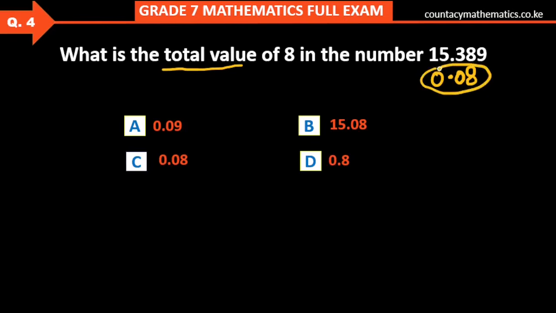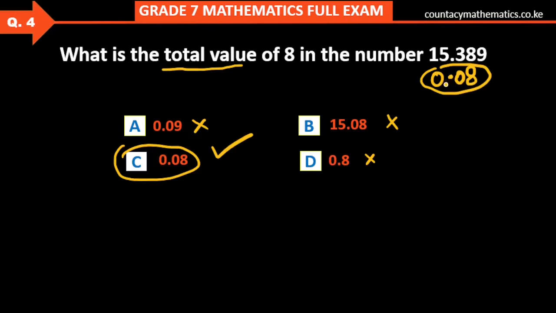And that gives us 0.08. So it's not 0.09, it's not 15.08, it is not 0.8, but it is this value that we have right there. You'll notice that it is very easy to make a mistake as you do this, because there's a likelihood that you can forget to write this 0 that is right there.